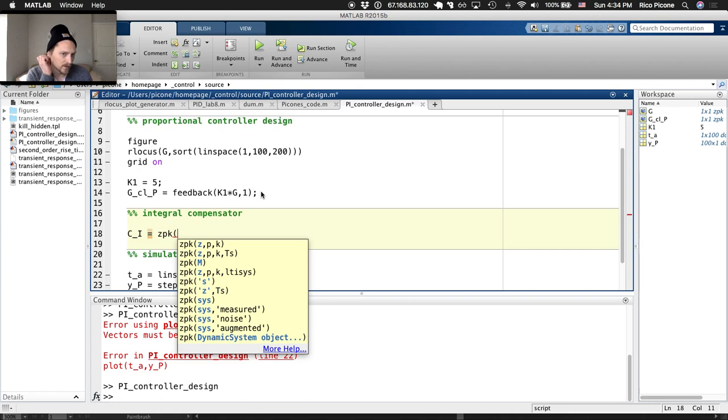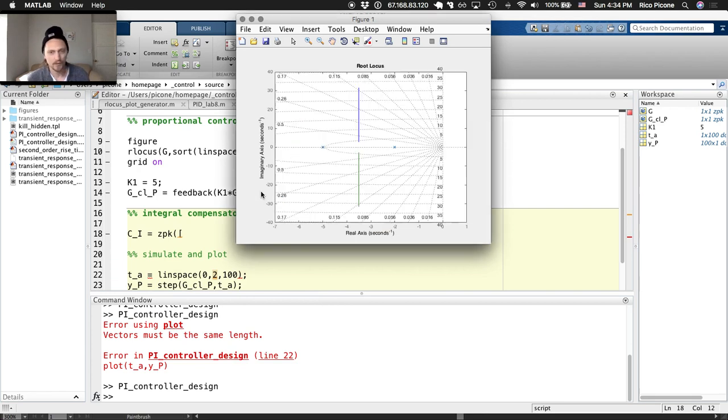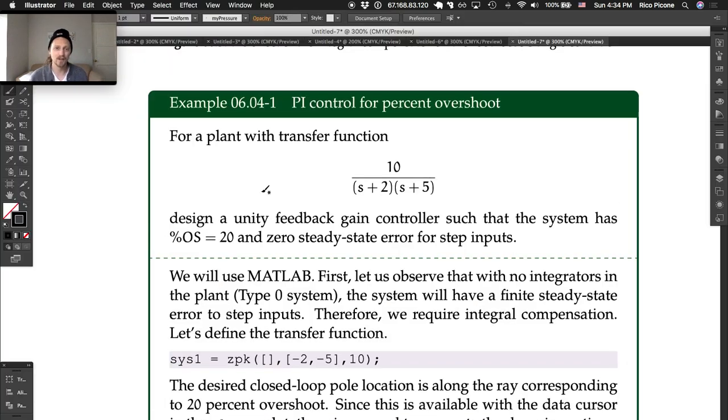and we want to have a 0 somewhere. I said a rough estimate was negative the real part of the closed loop pole divided by 10. So if we go back to our root locus, that's like negative 3.5 divided by 10, which would be like negative 0.35. So that's like a place to start, right?